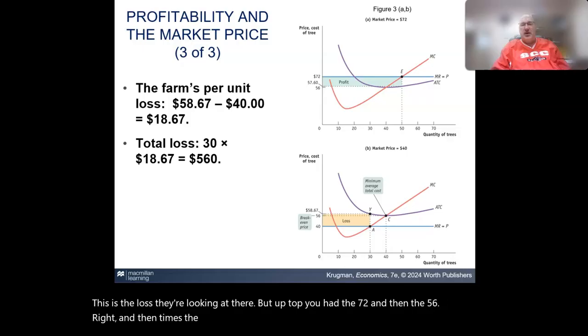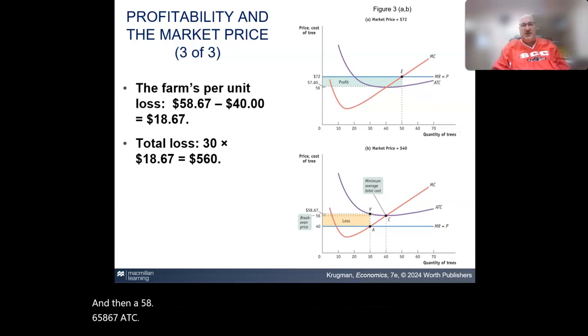On the bottom, you have the price of 40 and a 58.67 ATC. So 58.67 minus the 40 gives you an 18.67 loss, and times the 30 units gives you a $560 loss.